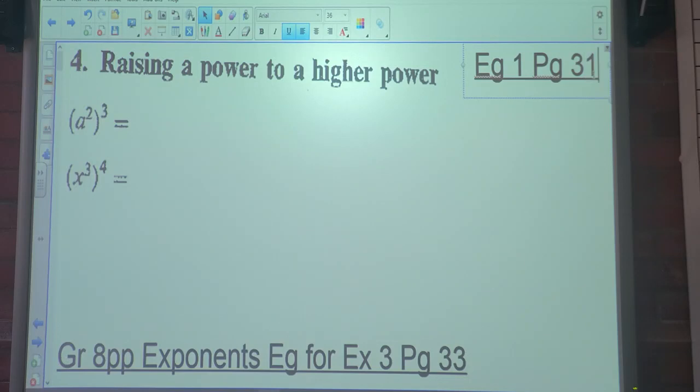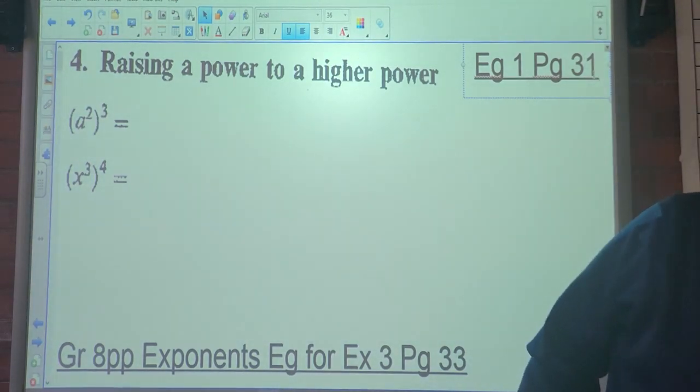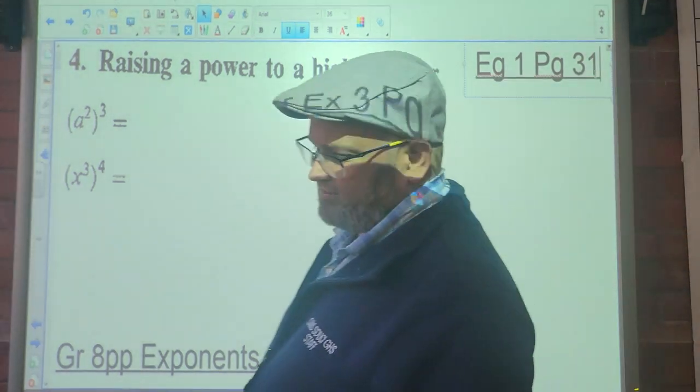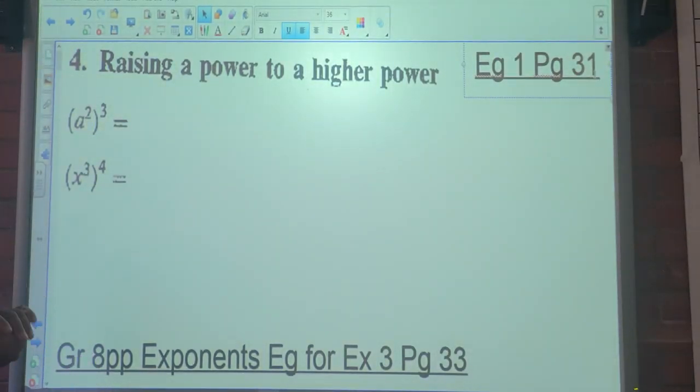The first part is on page 31. And the third part, of course, is the division of a polynomial by a monomial. So this lesson will be a bit longer than usual. Let's look at the first example.